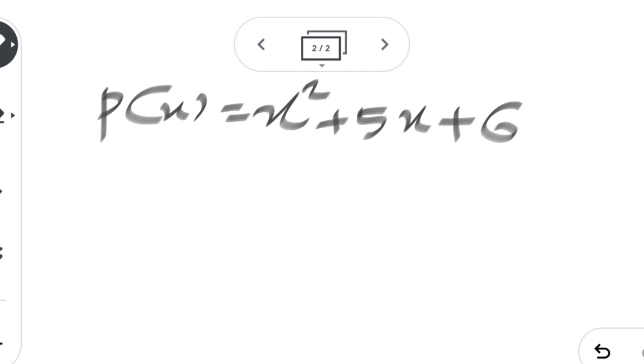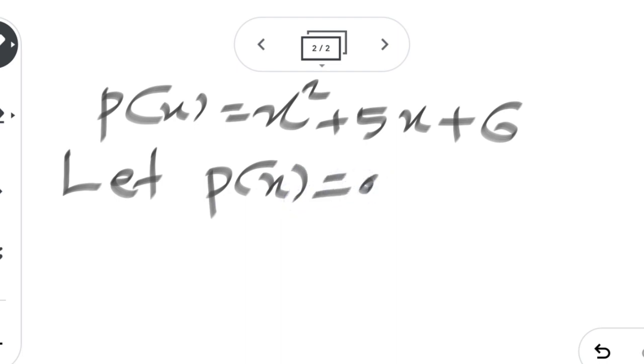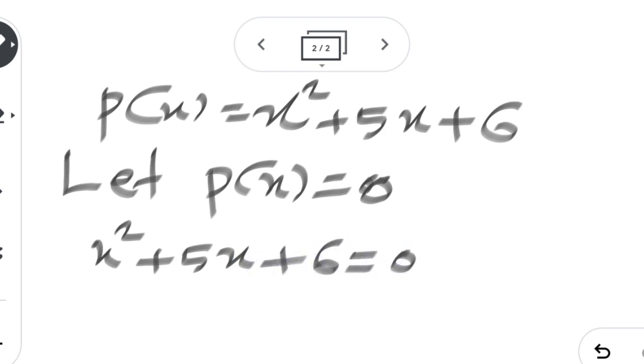To find zeros of a polynomial, let p of x equal to 0, which implies x square plus 5x plus 6 equal to 0.